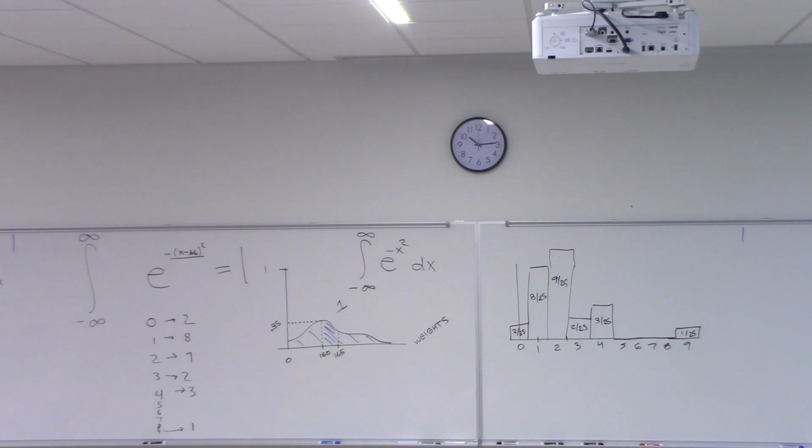And to show you, I'm going to go to Wolfram Alpha, and I'm going to ask Wolfram Alpha to do it for me. I'm going to ask Wolfram Alpha to find the antiderivative of e to the negative x squared. And see what it gives me.